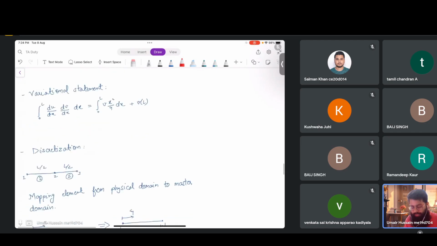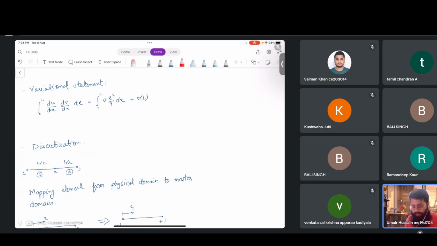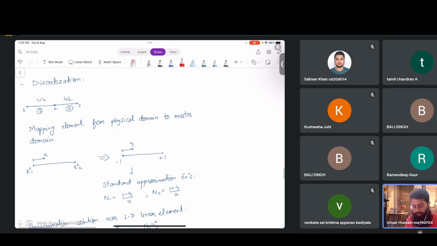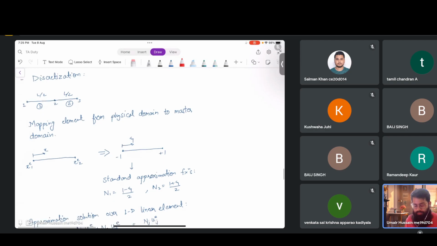The next thing is we discretize. We have a domain of length L. We break it into two elements of length L by 2, L by 2, say. And the next thing is we have to map the element from whatever given coordinate system to the standard domain, called the master domain.